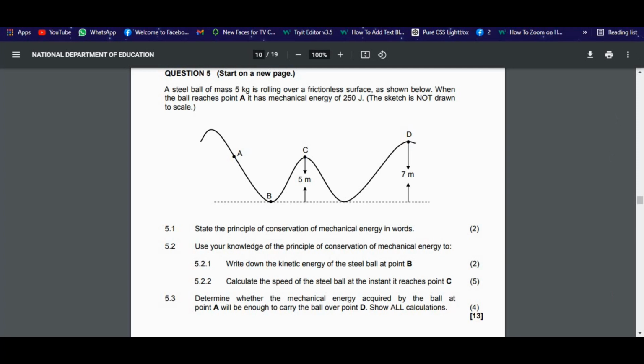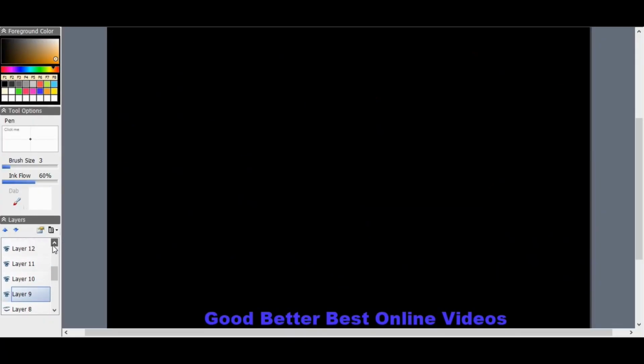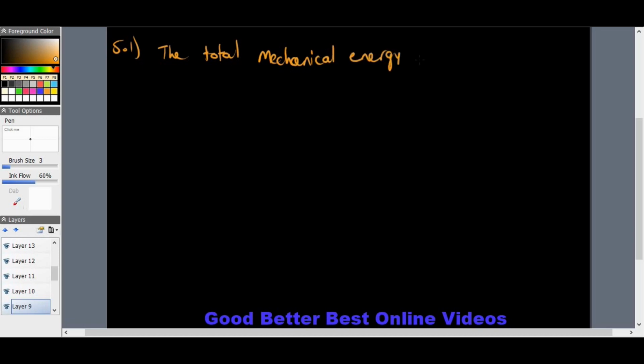State the principle of the conservation of mechanical energy in words. I'm sure this was quite basic to say, because it was on the previous page. An easier way to say it for exam purposes, and I would encourage you ladies to remember this one, so take this down: the total mechanical energy in an isolated system is constant or is conserved.